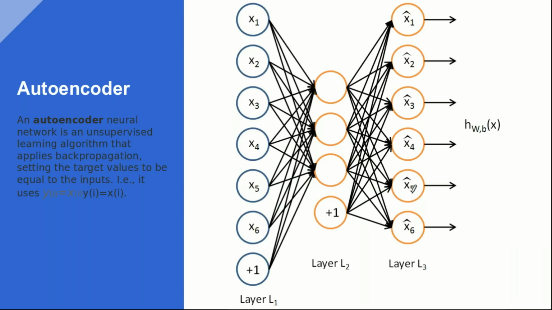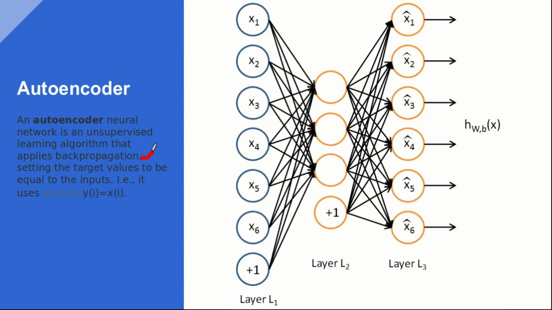So let's get to what an encoder really is. The encoder tries to learn a function, let's say h of w, and it's a neural network which runs on an unsupervised learning algorithm, which applies backpropagation to set the target values equal to the inputs. That is, it outputs the input given an input.